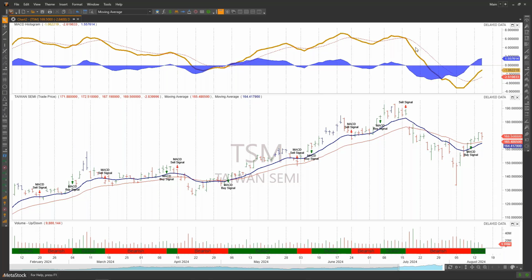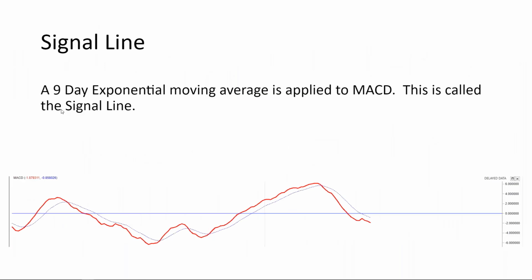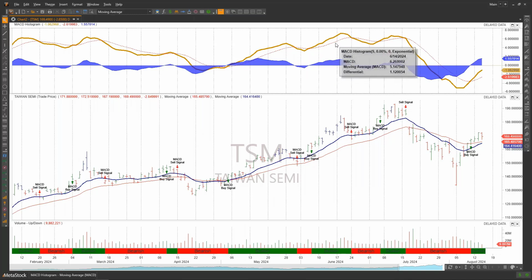Gerald Appel called this the signal line. The signal line is very simple too. Very, very simple. It's just a 9-day exponential moving average of the MACD difference. And it's called the signal line. It's usually dotted. You can see a red dotted line here.